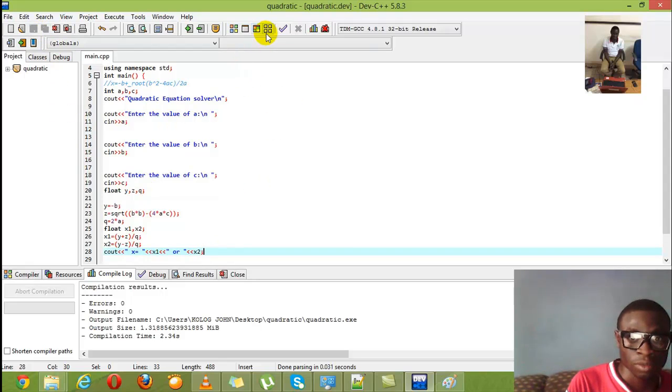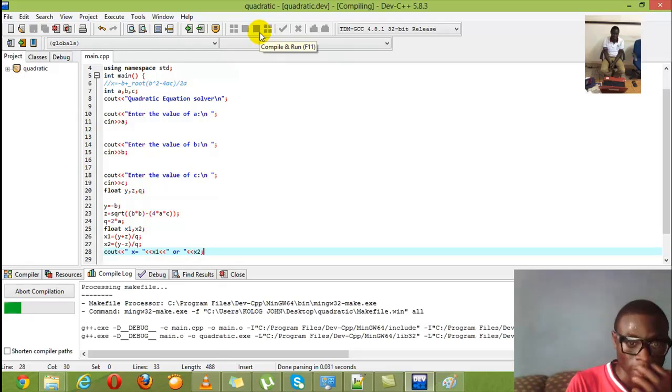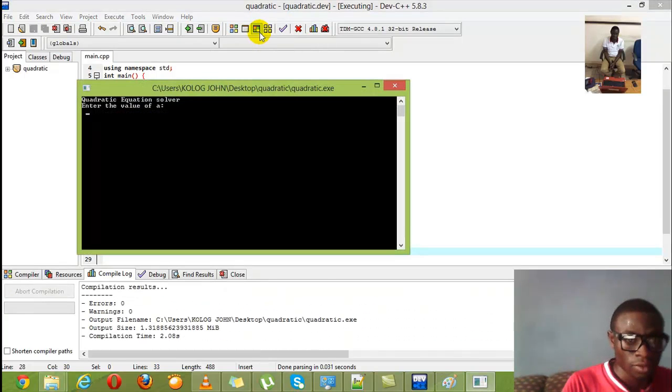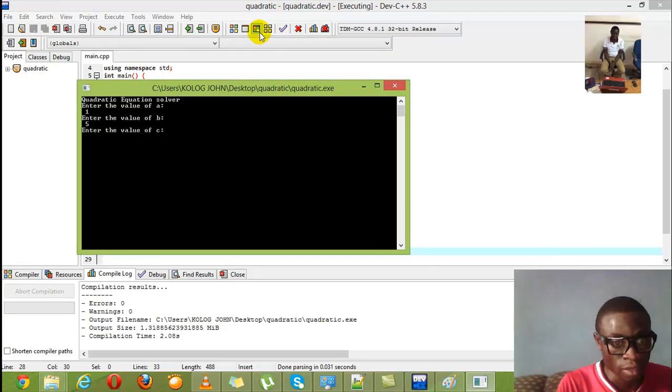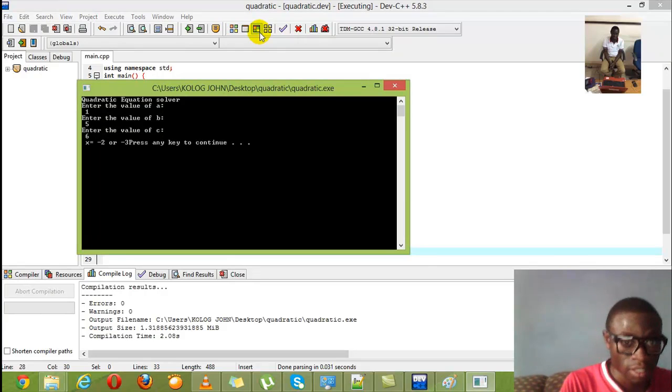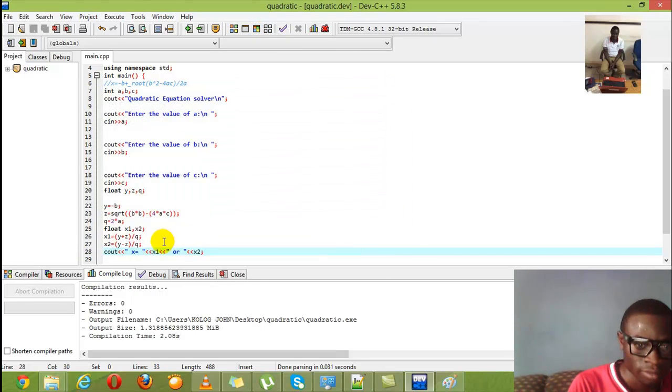So let's run the project and see how it works. Enter the value of a as 1, the value of b as 5, the value of c as 6. So x is either equal to negative 3 or negative 2. So that is beautiful. Let me do some small work here.